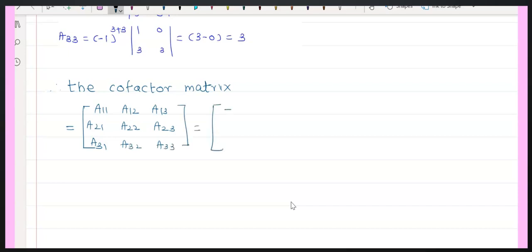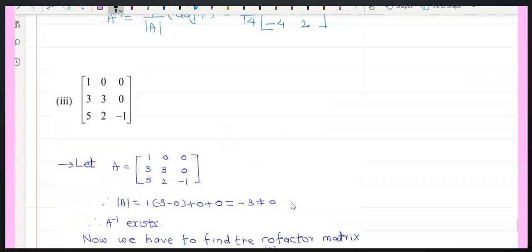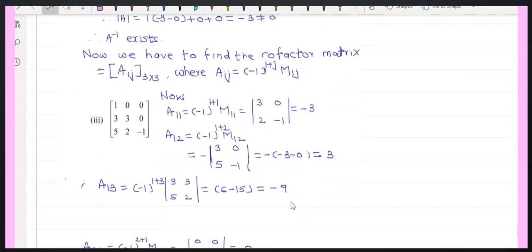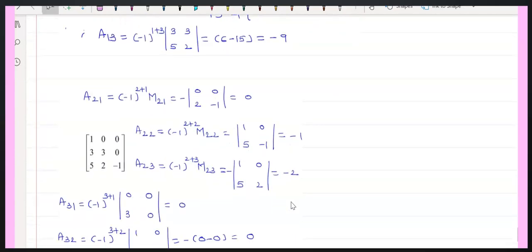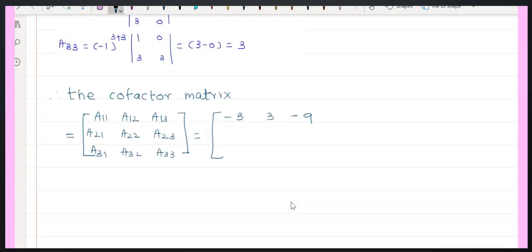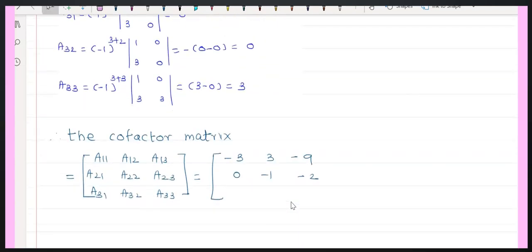Therefore, minus 3, 3, minus 9, 0, minus 1, minus 2, 0, 0, 3.